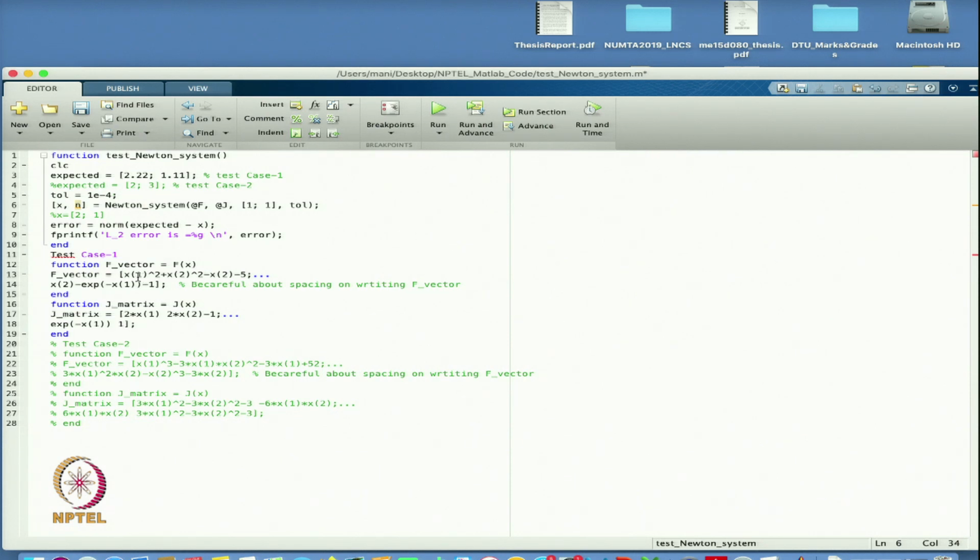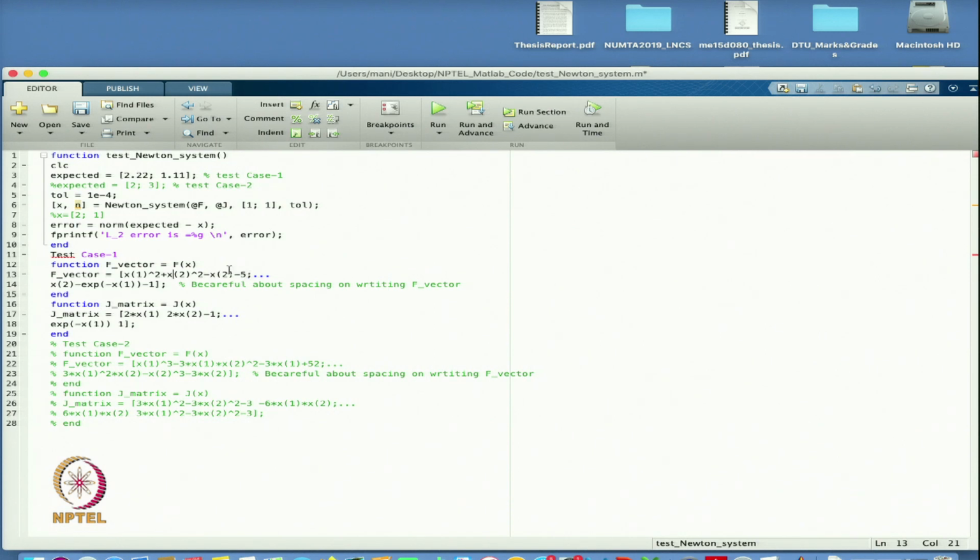So, my function was x square plus y square minus y minus 5. I am writing a function that is vector valued. So, x1 square plus x2 square, where x2 means the y. Basically, this is the second component of the vector x. So, this is the x value, this is the y value, minus y minus 5.